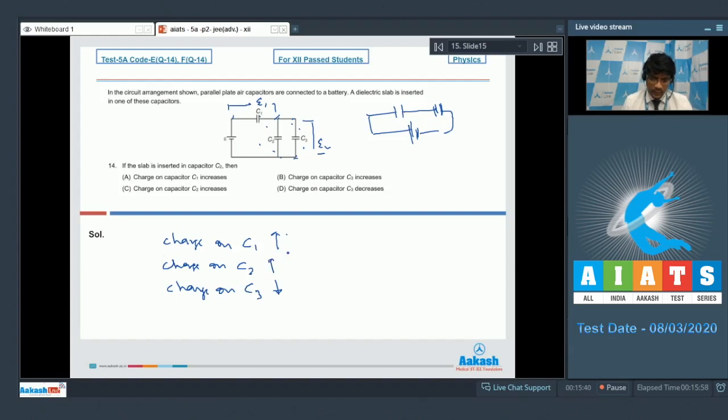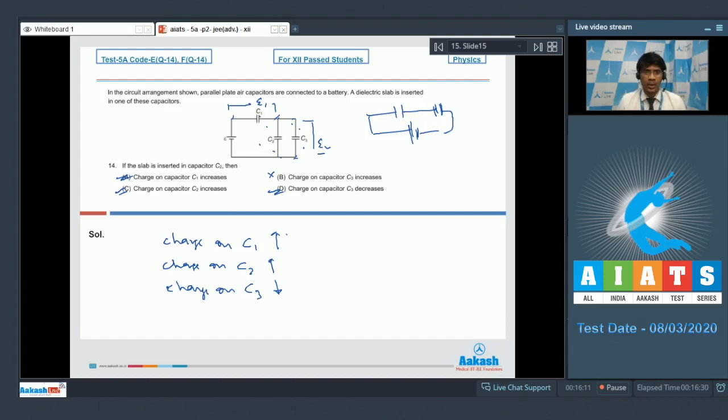So we got the answer here. So charge on capacitor C1 increases, charge on capacitor C3, this is the wrong option. Charge on capacitor C2 increases, that is correct, and charge on capacitor C3 decreases. So for question number 14, option A, C and D are the correct answers.